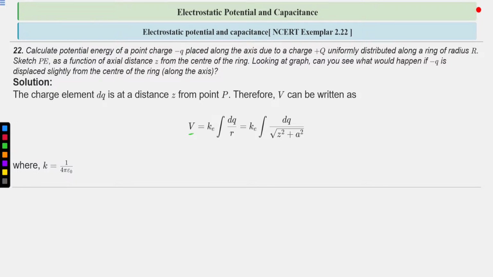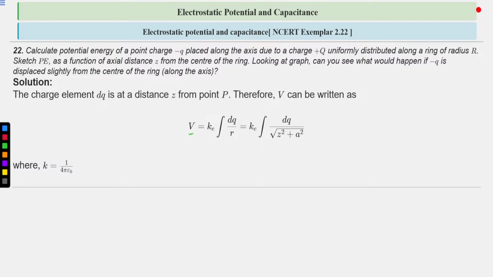Here we are taking dq because we are first taking the potential due to a small element of the ring, having charge small dq. By integrating we will find the potential at point P due to the whole ring. That's why we are integrating.